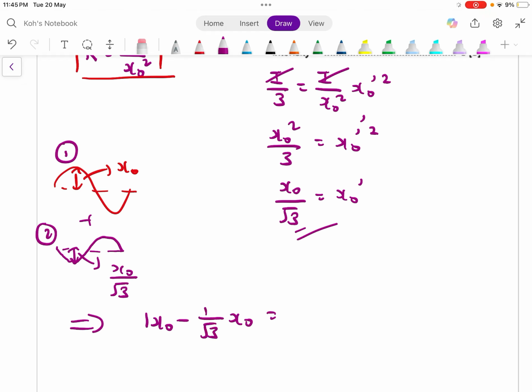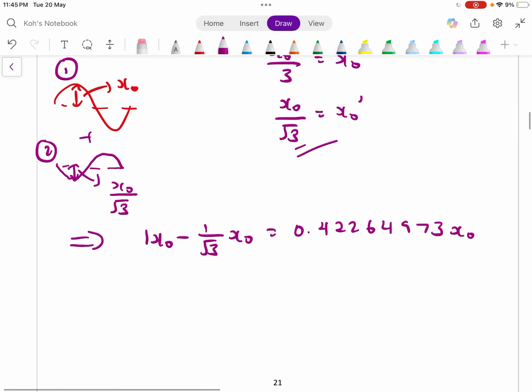Let me do the calculation. It's about, give or take, 0.42264973 x0. This is the amplitude of the destructive interference at point P.